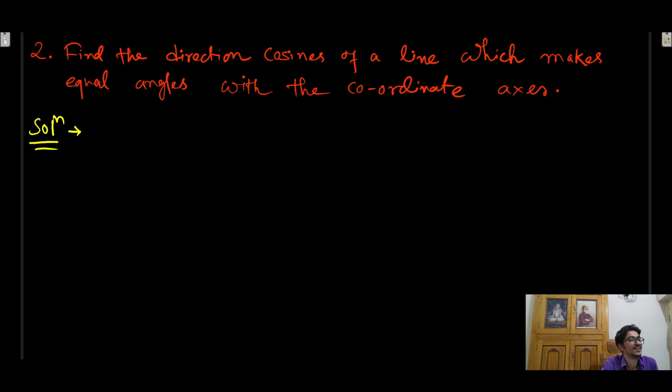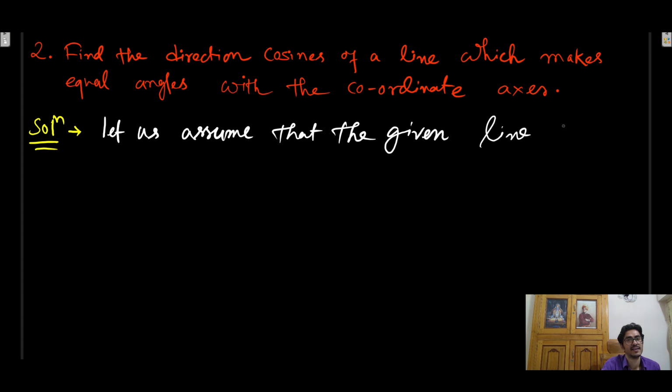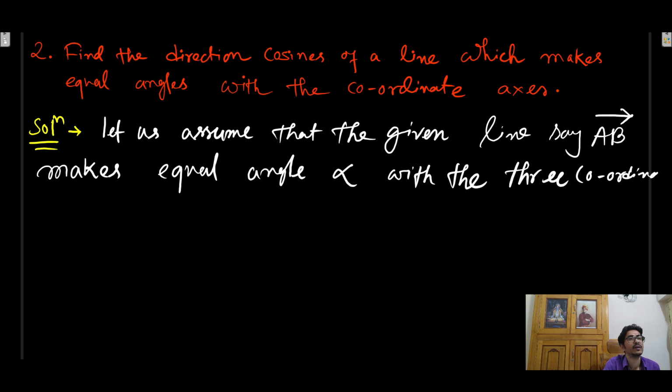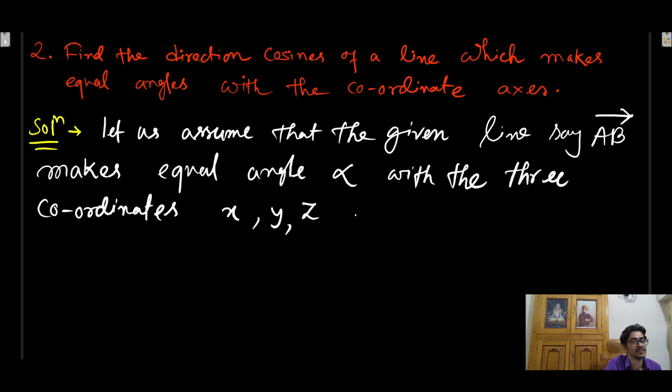So let us assume that the given line, say AB vector, makes equal angle alpha with the three coordinate x, y, z axis.